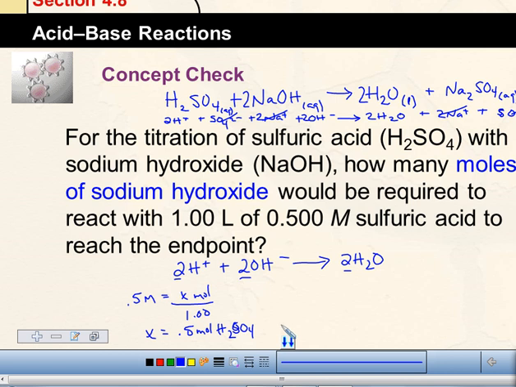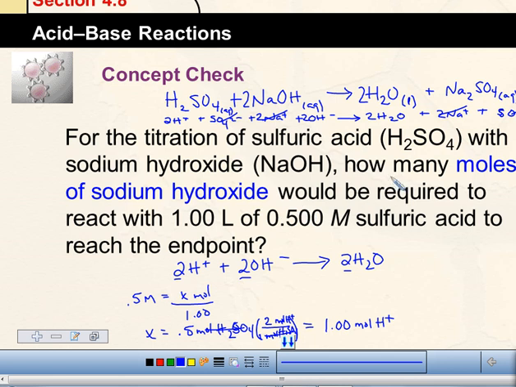How many moles of hydrogen ions do I have then? Well, looking at my sulfuric acid formula, for every 1 mole of H2SO4, I have 2 moles of H+. So my moles of H2SO4 will cancel, and you'll get that you have 1 mole of H+.